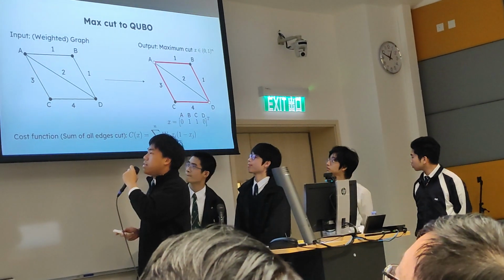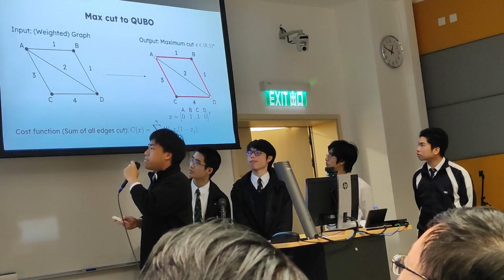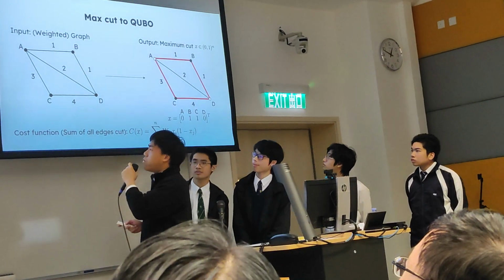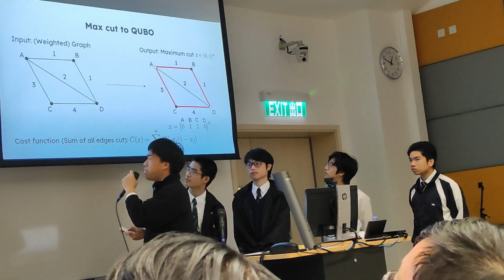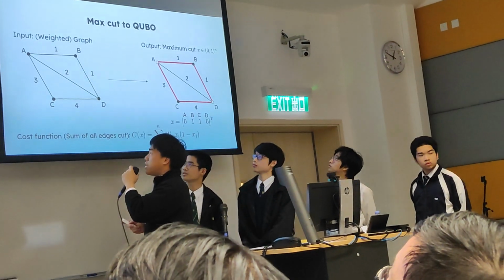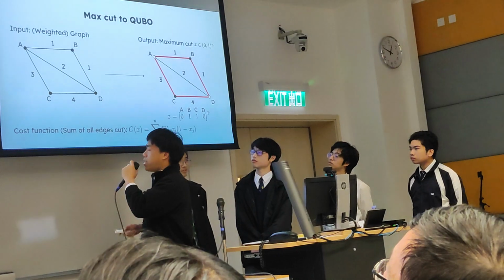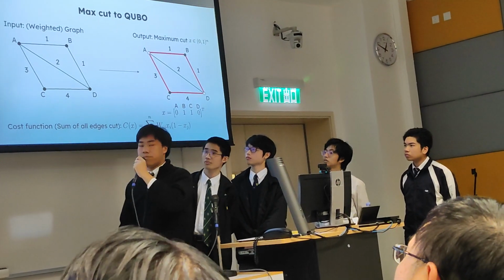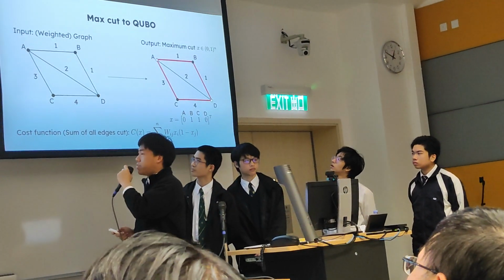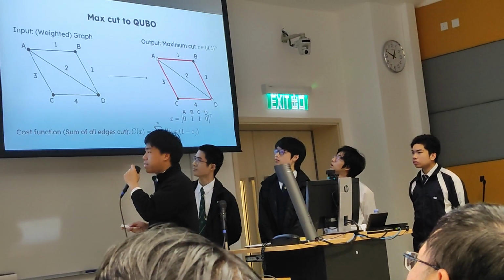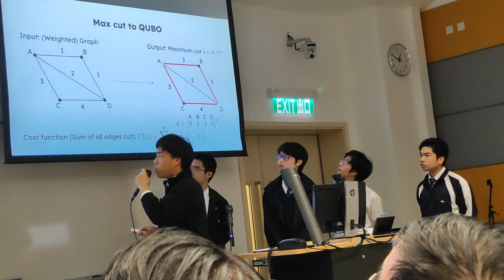0. And next, given an input, which is a weighted graph, we want the computer to solve for an output, which is a combination, because as we have talked about before, we split the vertices into 2 groups, so we can represent the vertices by 0 and 1.